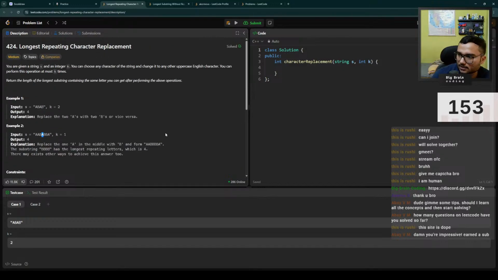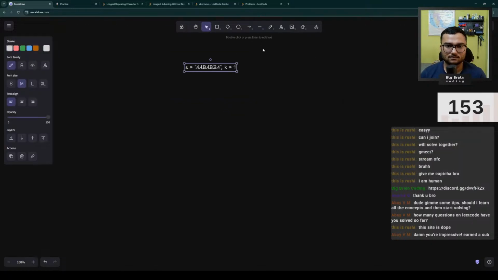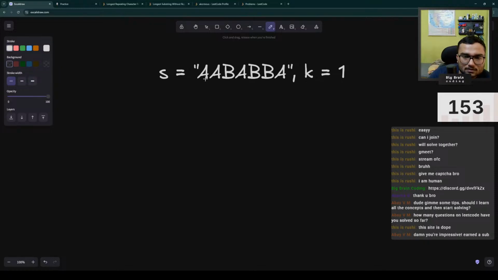Okay, this is not the same. Okay, so I can change any one character in the string to anything else, and I want to find the maximum repeating character substring.